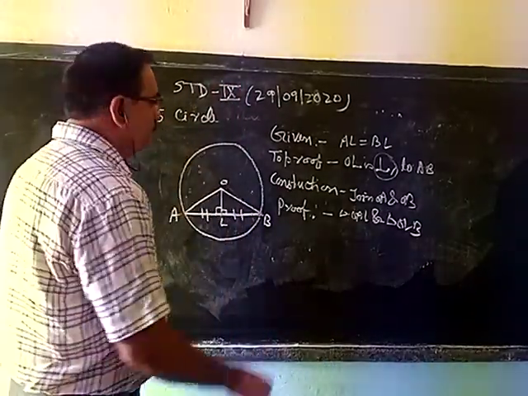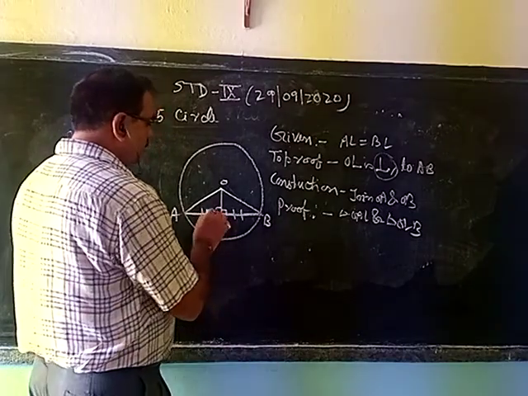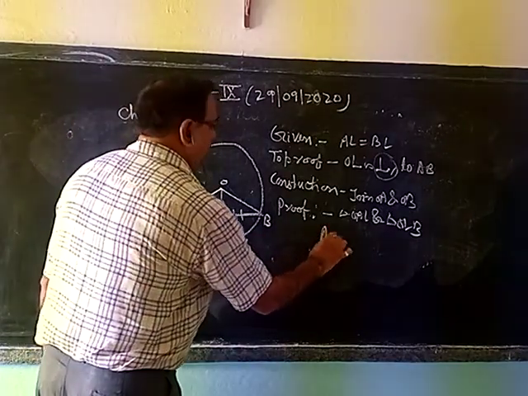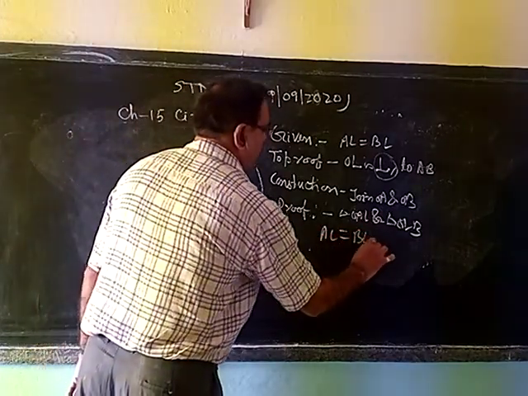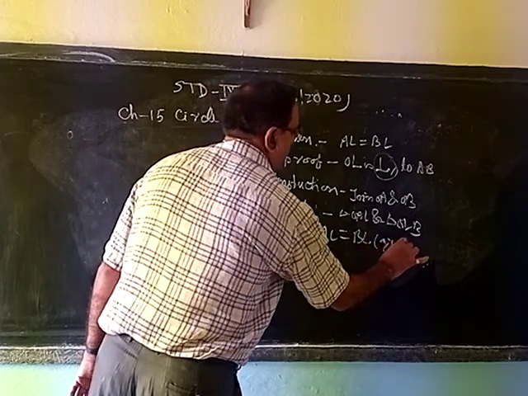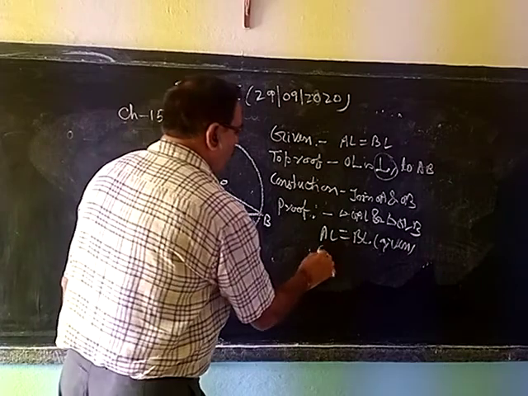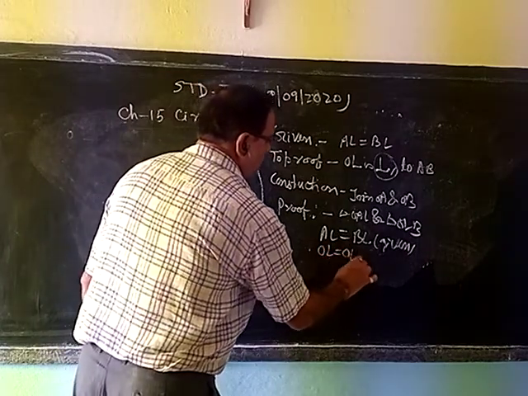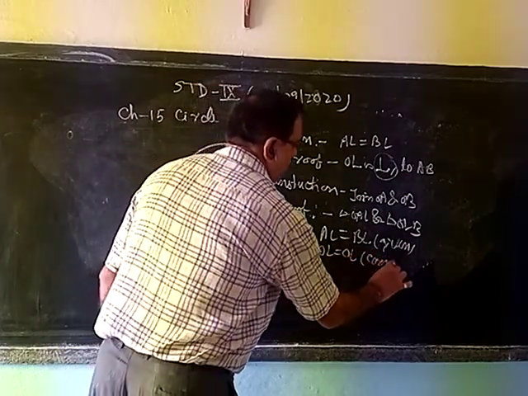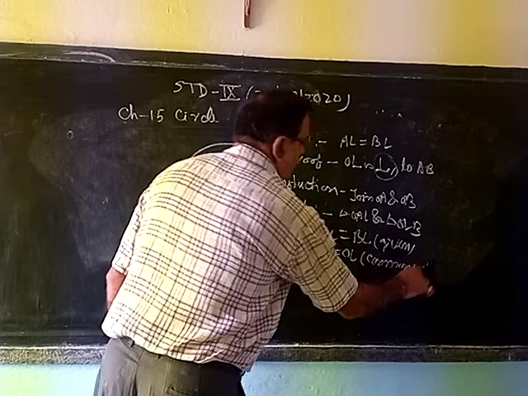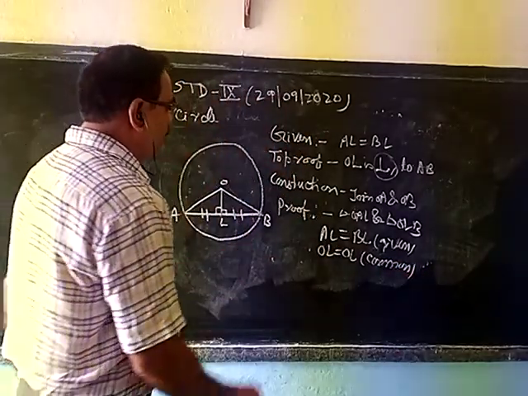So how to prove the congruence? AL is equal to BL, given. It is given. OL is equal to OL, common. It is common.